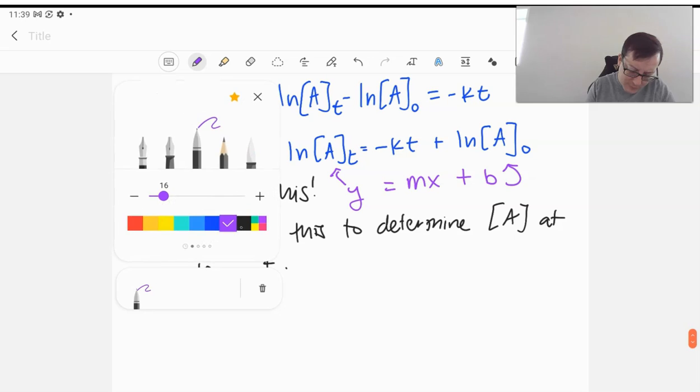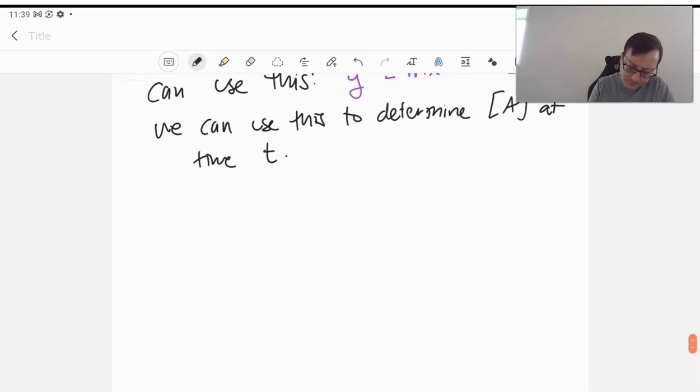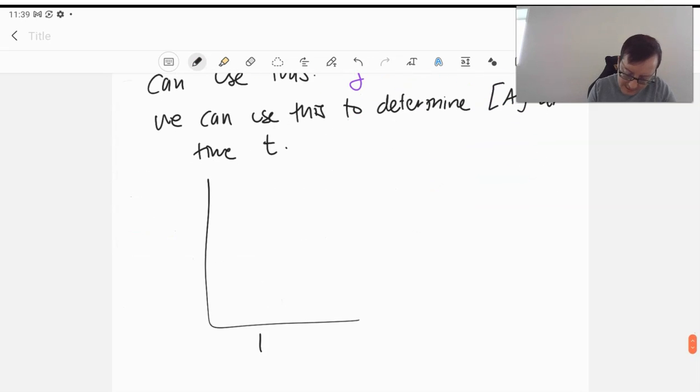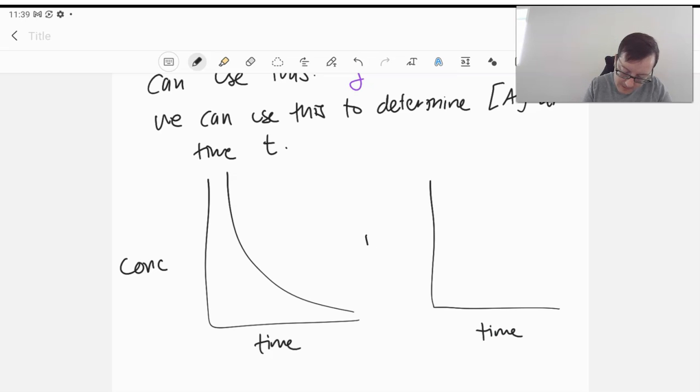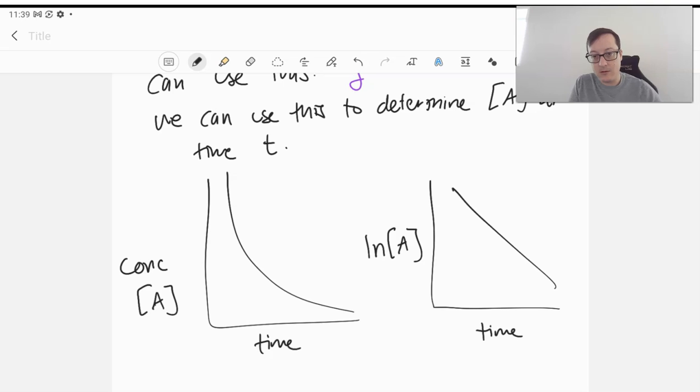For a first order reaction, we might see that time and concentration follow the kind of exponential curve we looked at earlier. But if we plot instead the natural log of the concentration, we should get a linear plot.